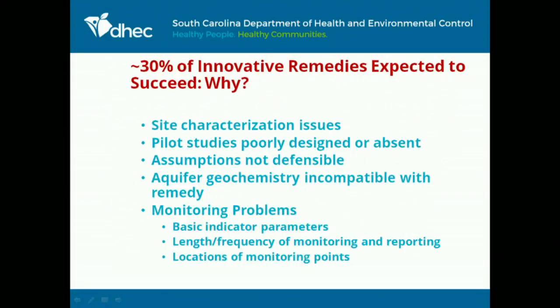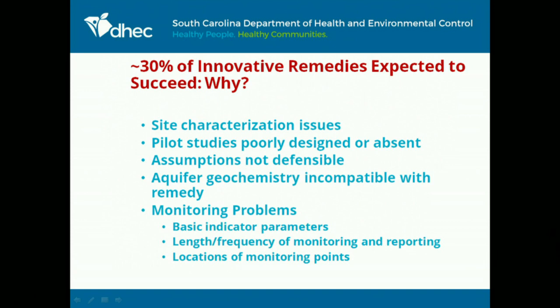So why were we having this amount of difficulty? Some of it was site characterization issues. If your site is not characterized, you can go out and put in a remedy, and all of a sudden you're not making progress towards your goal because you missed an area. Some of these projects did not even have a pilot study that maybe needed one, especially for innovative technologies.